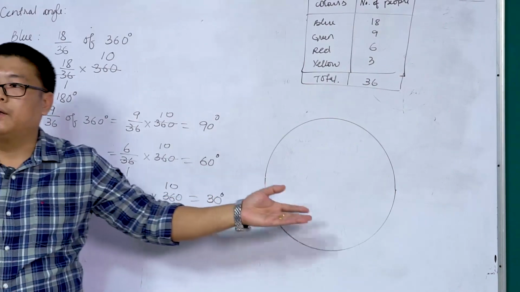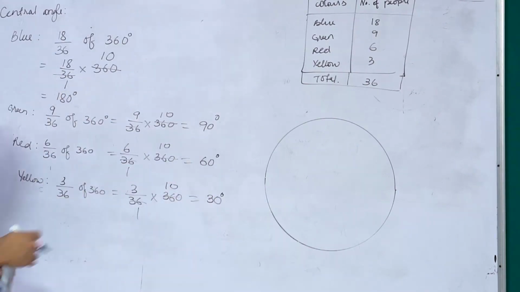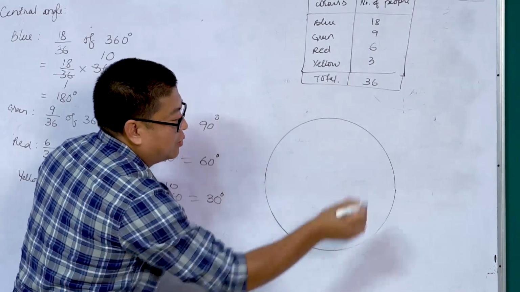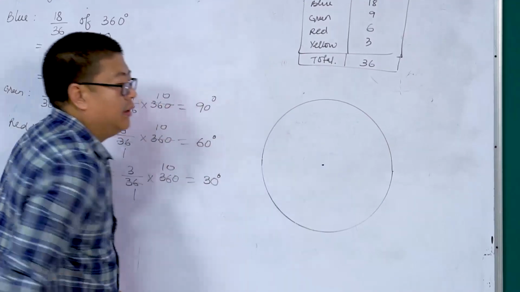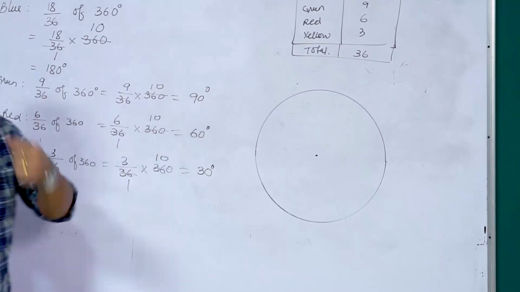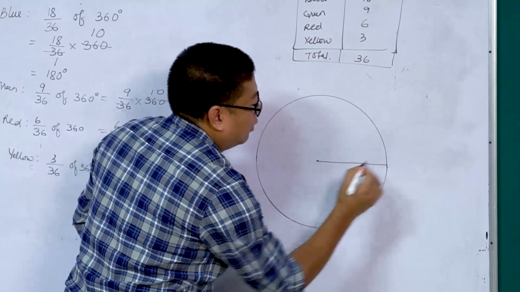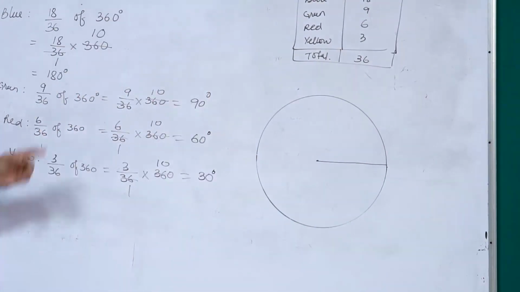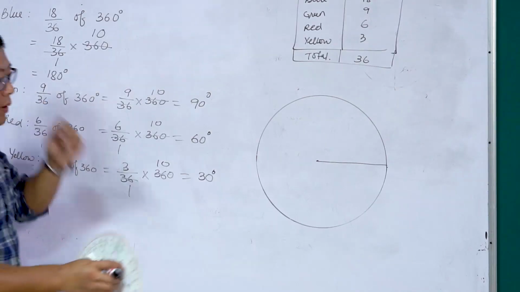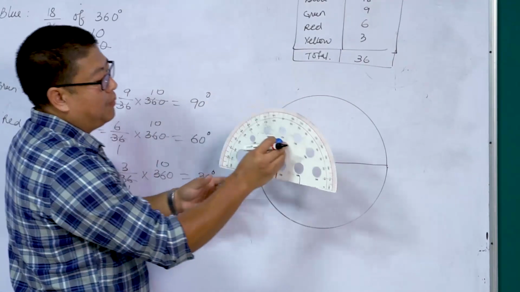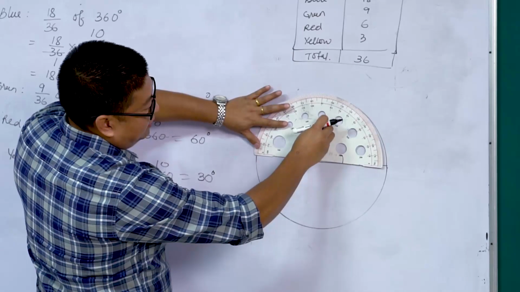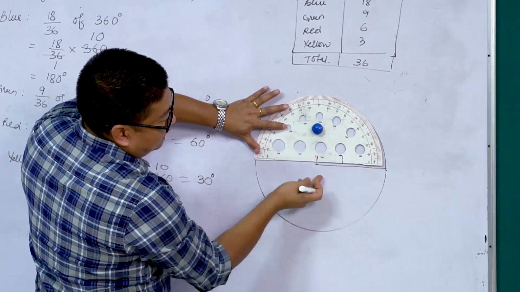I have a circle here. Now, the first thing I'm going to do is, if you use a compass and draw a circle, you're going to get a midpoint here, somewhere around here. So, take this point, draw any line over here. Now, the first part is 180. So what we're going to do is we're going to place our protractor in such a manner that this line is on this line.